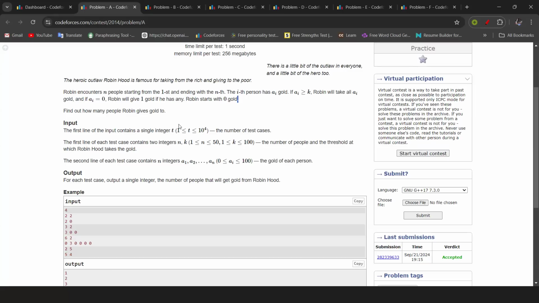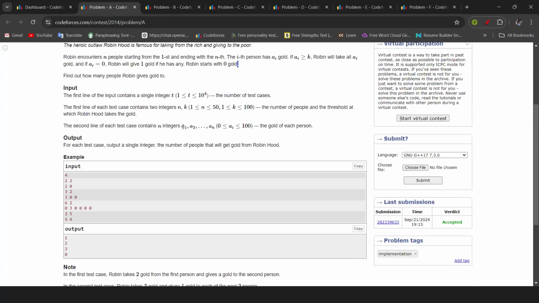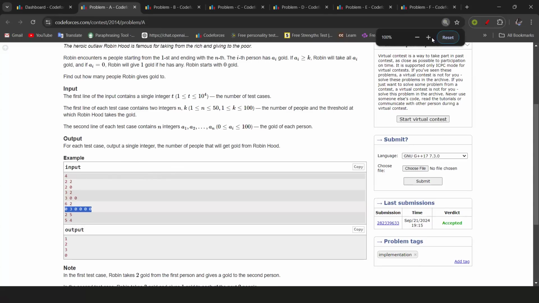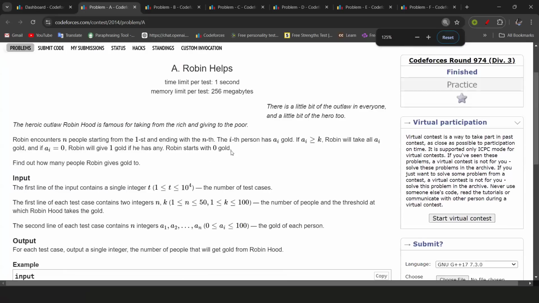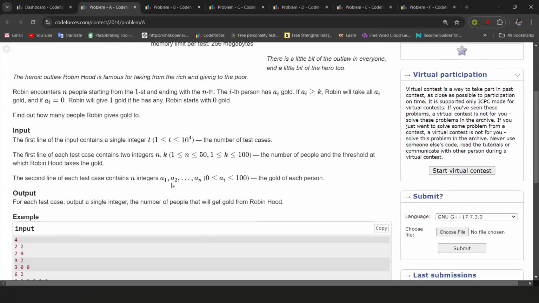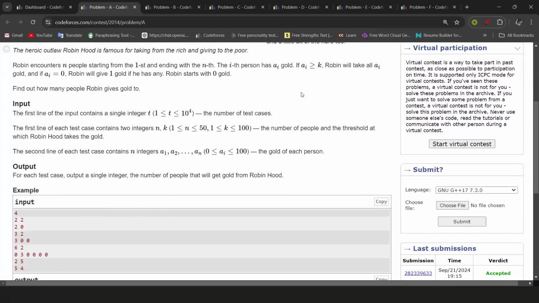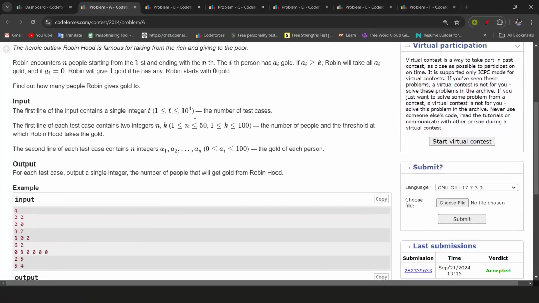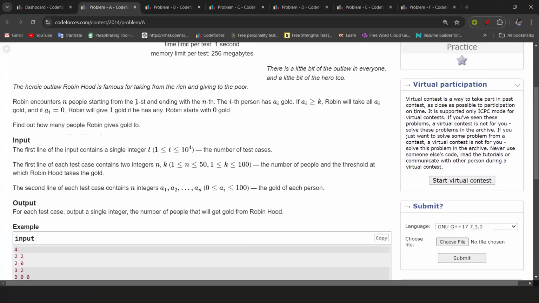Okay, so what the problem says is we are given an array which just represents the number of gold that each person has. And we are given a threshold k. Robin would start with the first person and go one by one to the nth person.